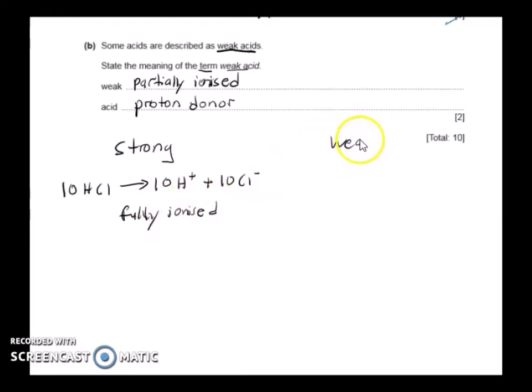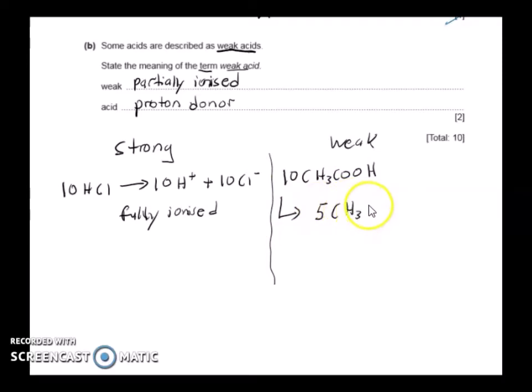Weak acid, as an example, I choose ethanoic acid. Okay, so when I choose 10 molecules, when they dissolve in water, what happens is you might have only 5 which are ionized.